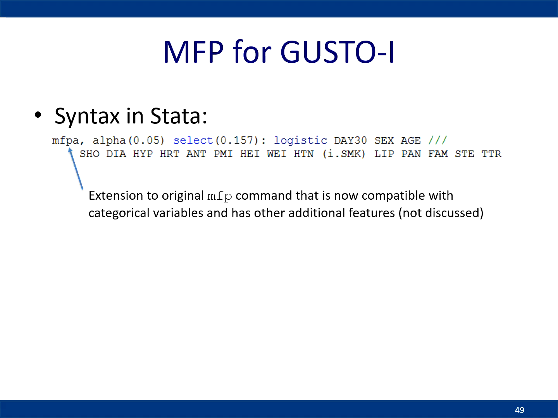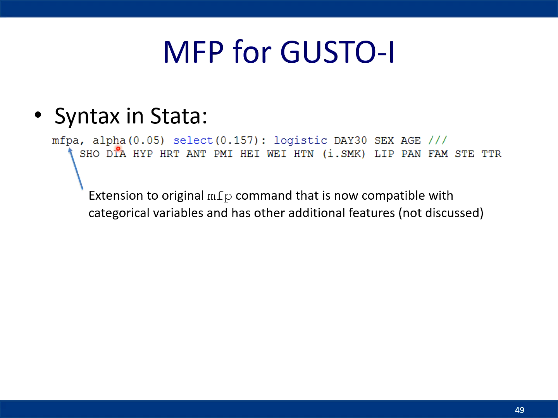So let's now look at how we can do this in statistical software, again just illustrated in Stata, and within the practical you will see how to do this in R as well if you're an R user. Within Stata we can use the mfp -a command, so this is just an extension to the original mfp command.